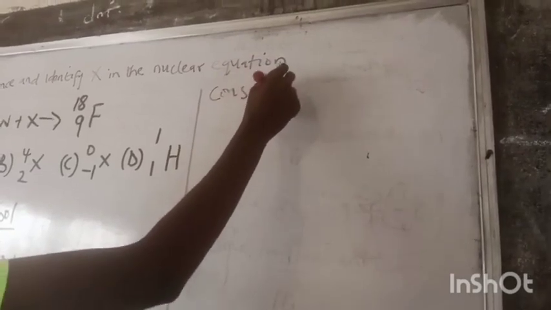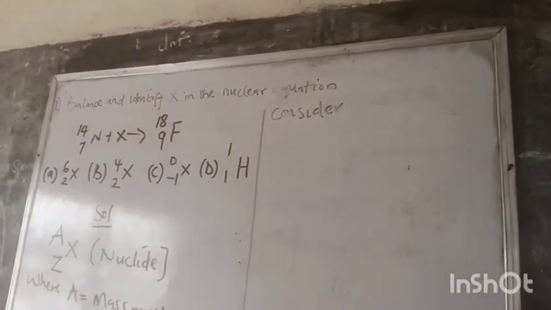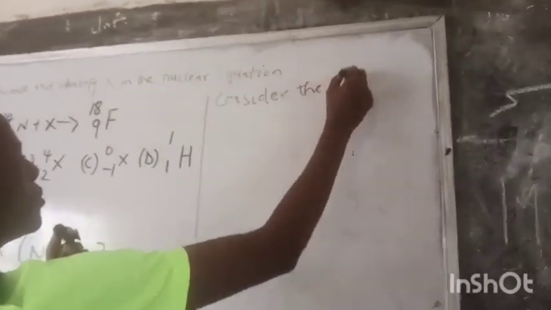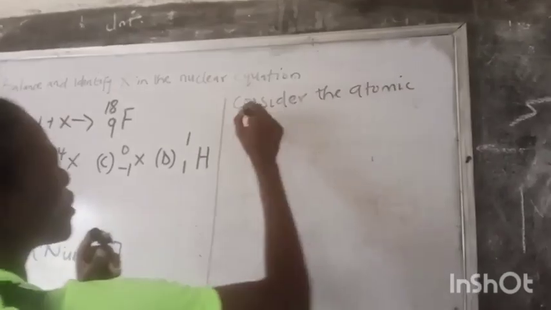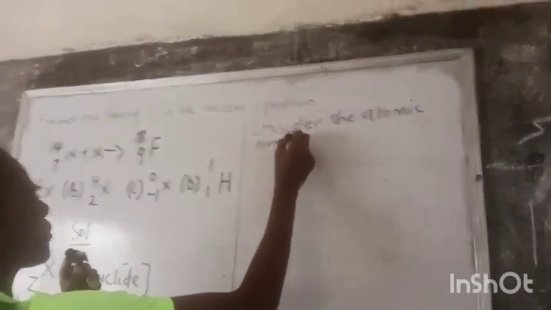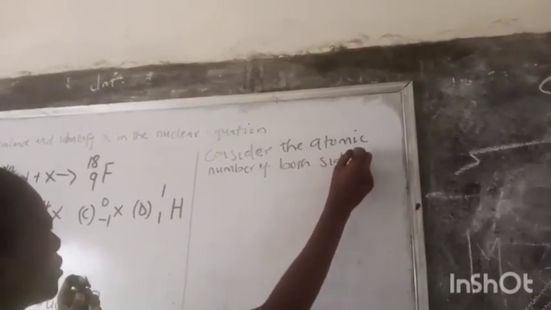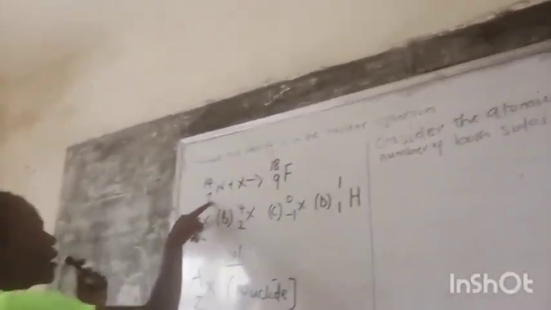Now the second step is this. We're going to consider the atomic number of both sides. The atomic number is this number here of both sides.